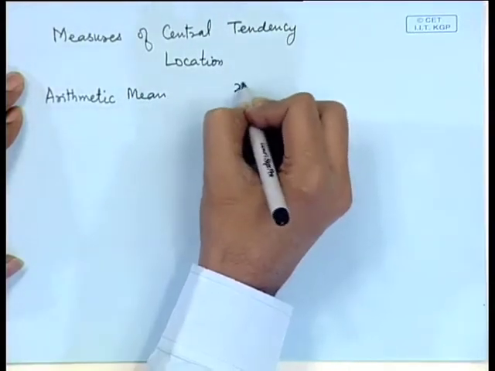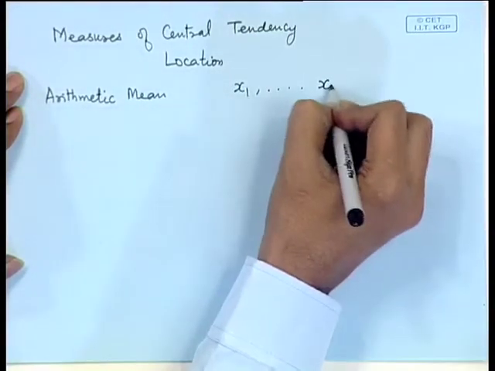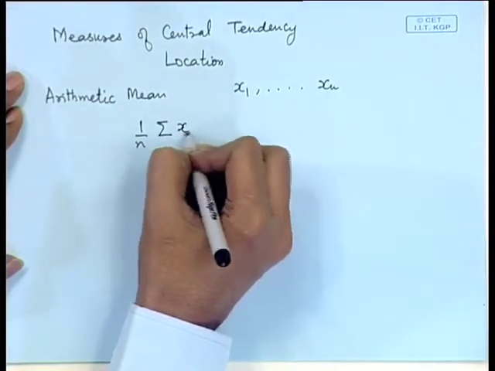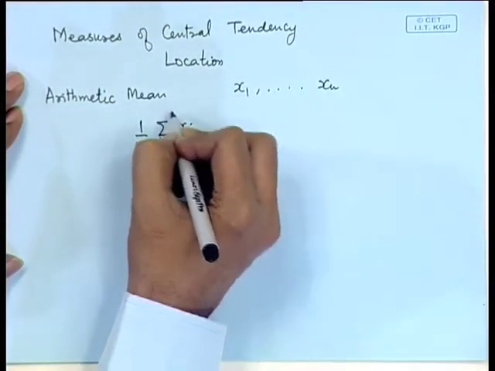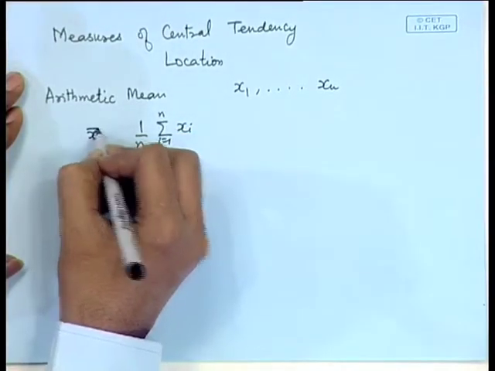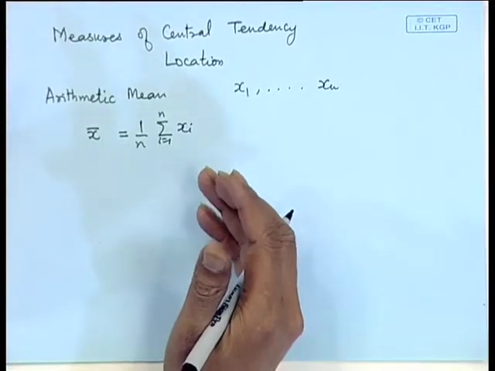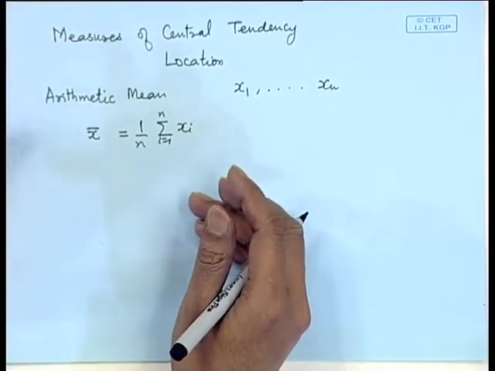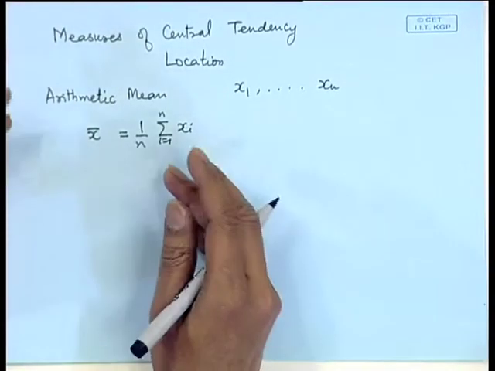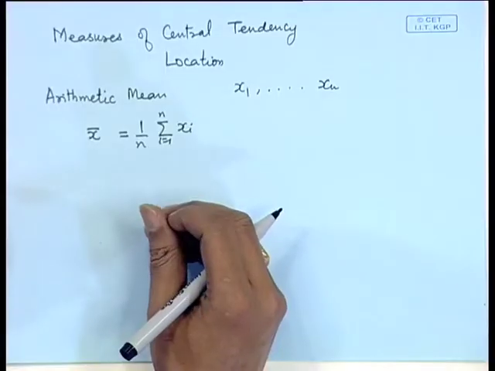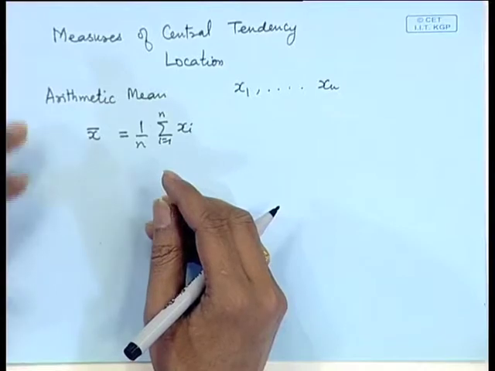If I have the values x 1, x 2, ..., x n, it is simply 1 by n sigma x i, i equal to 1 to n, let us call it x bar. That means whatever observations are there, we simply take a plain average of them. This is known as the arithmetic mean, one of the most commonly used measures of location or central tendency.